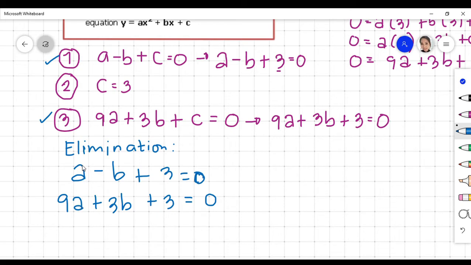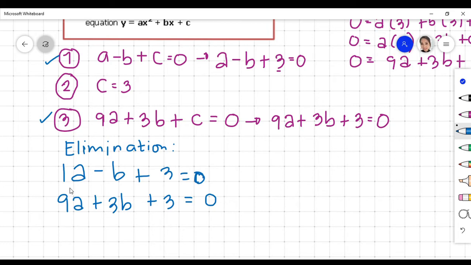However, I cannot eliminate a unless we have two opposite coefficients for a. So what's the coefficient for a on the first equation? We know that that is 1. And for the equation 2, the coefficient of a is 9. So we have to make it in such a way that the two coefficients for a are the same, and they have to be in opposite, so that if we add them, it will be 0.